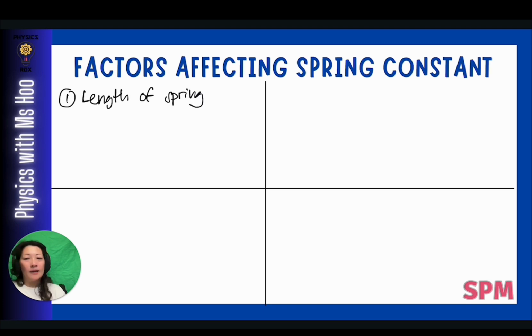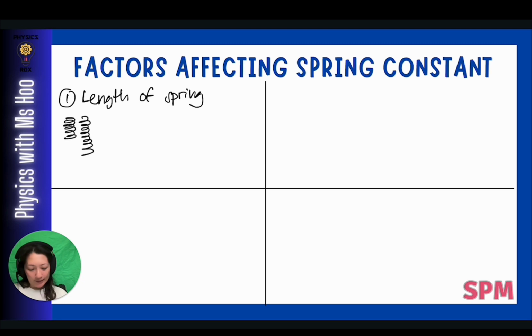That means if everything else is the same, the material and the diameter of the coil and everything else, just the length of the spring is different. If you have a shorter spring and a longer spring, try to visualize and think, which spring do you think is easier to extend? The longer spring is easier to extend, right?